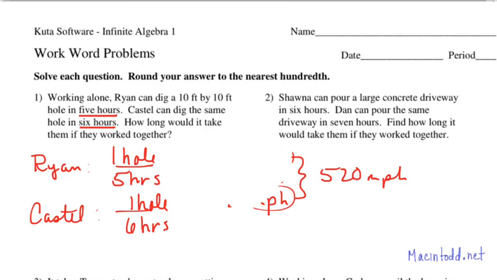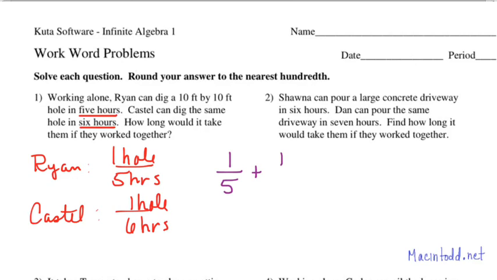Using that as our analogy, we want them both doing the same job at their own rates. Ryan does it at 1 job per 5 hours. We'll add on Castell, who does it at 1 job per 6 hours. That will give us a total of 1 job per, well, I don't know. And that is what the question is asking: what is the time it takes for them to complete the job together?